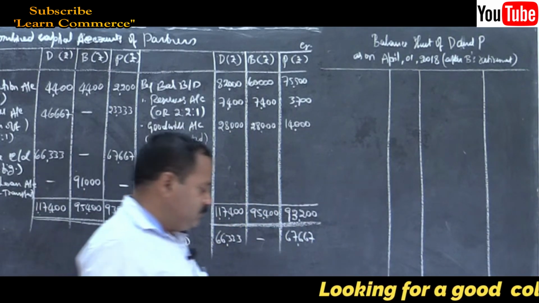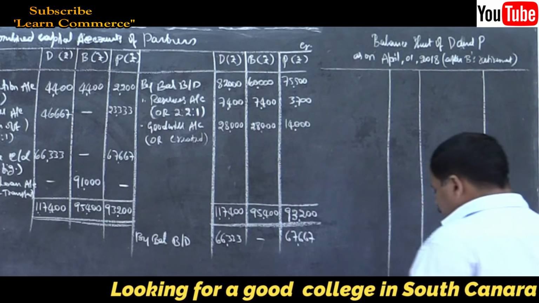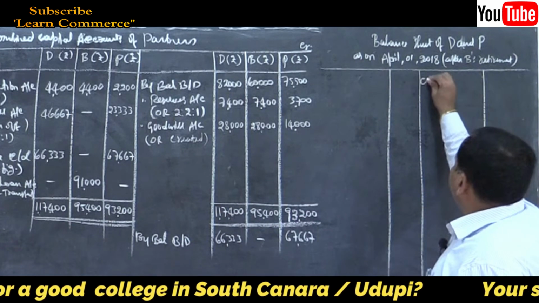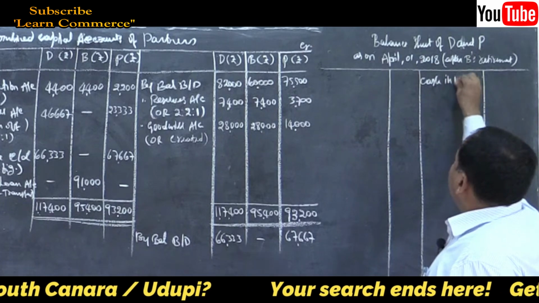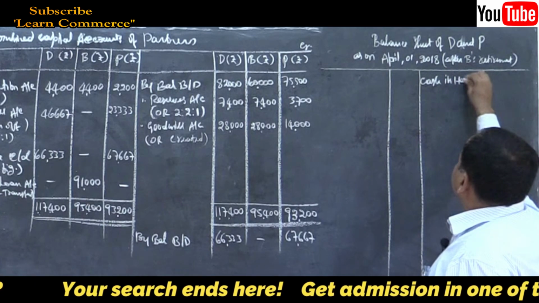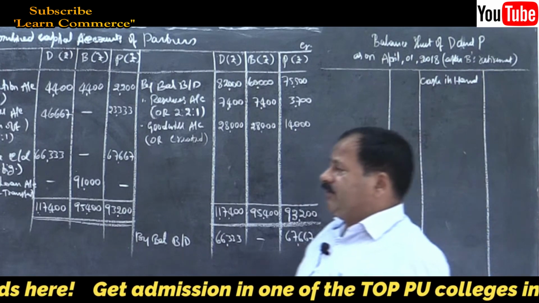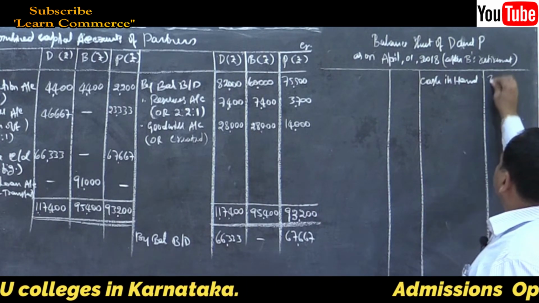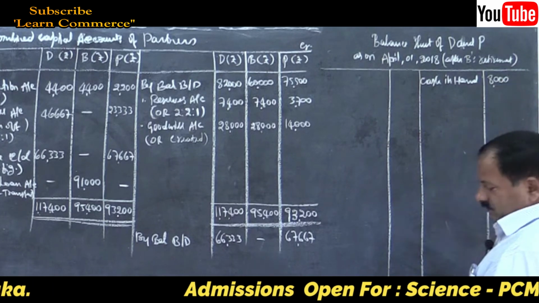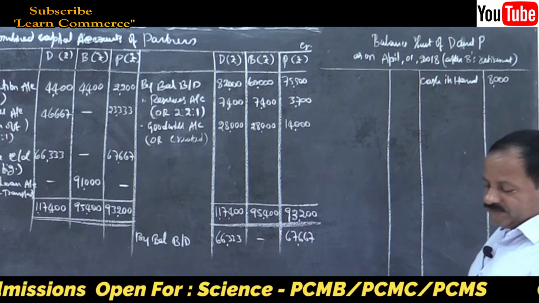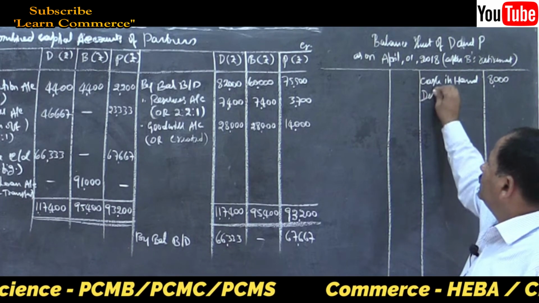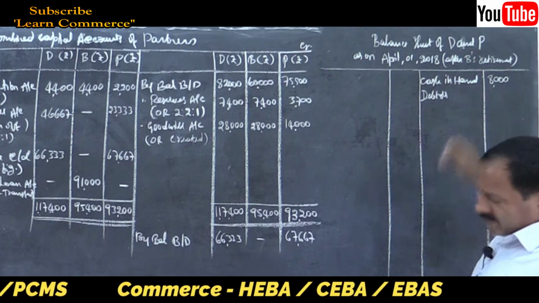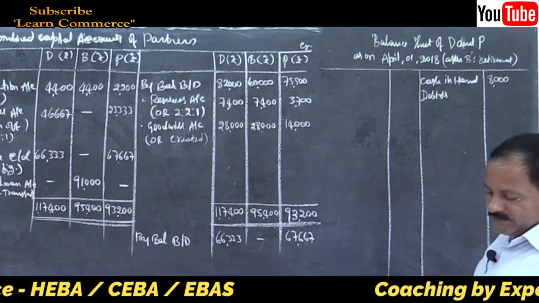Let us move on. Cash in hand. Are there any cash entries in the capital account? No, there is no movement of cash, so it remains as it is, 8,000. Next come debtors. There is an adjustment: debtors written off 2,000.